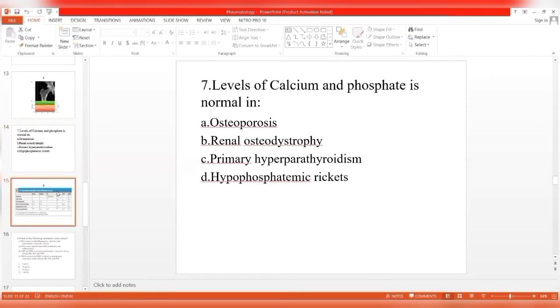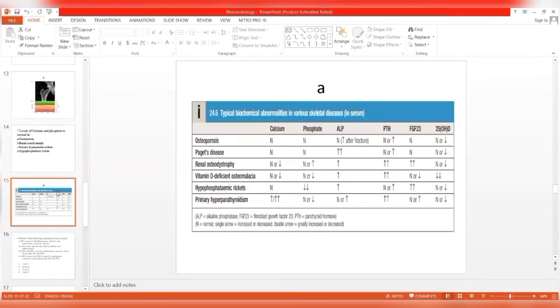So we will see another table. This is also taken from Davidson. This table depicts typical biochemical abnormalities in various skeletal disorders in serum, that is, in blood. We will see it one by one. In case of osteoporosis, very, very important, please listen.